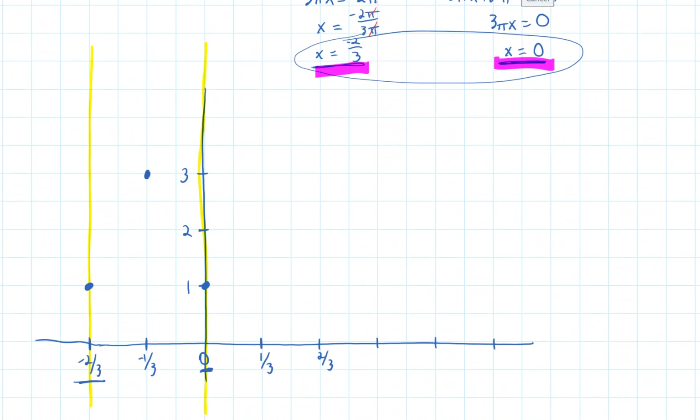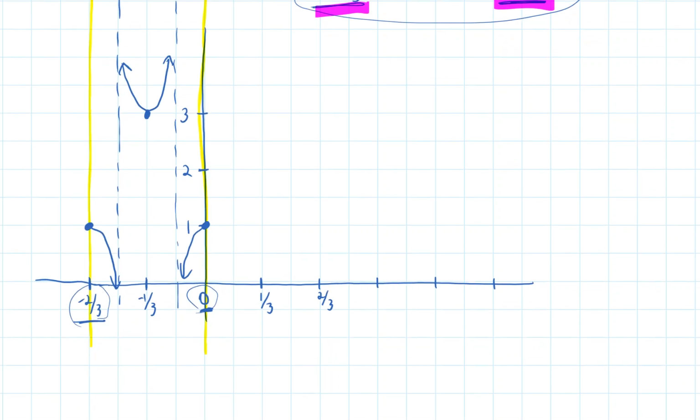So then I look right here, and I've got an asymptote for this particular secant function. And then I have to draw in my behavior of this function. So this guy is going to go down, these are going to go up, and this one's going to come in and down. So that's the same shape that we had before, but now the x values are correct as well.